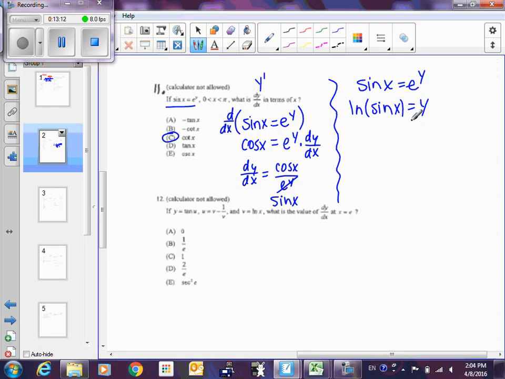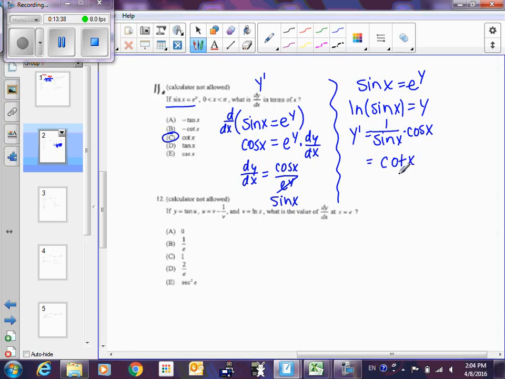And so now this is a formula that I can just do like y prime. I'm going to switch sides here. How do we take derivative of natural log of sine x? Here we go, 1 over sine x times cosine, you get the same thing. Cosine over sine, that's cotangent.